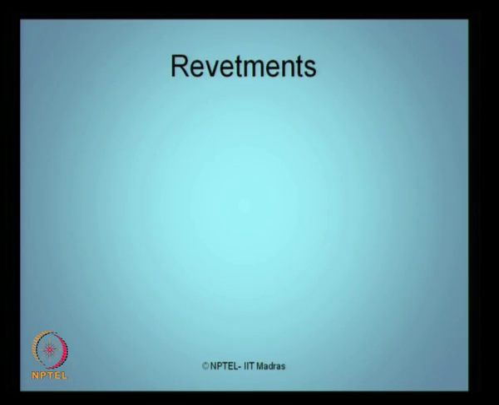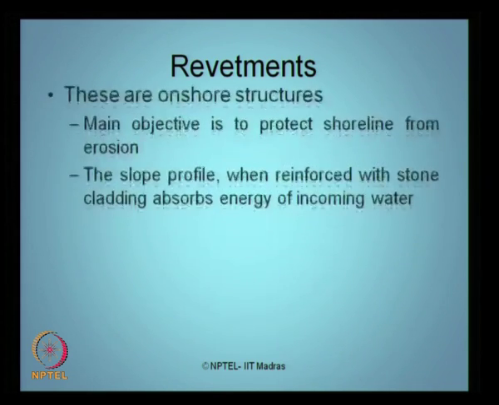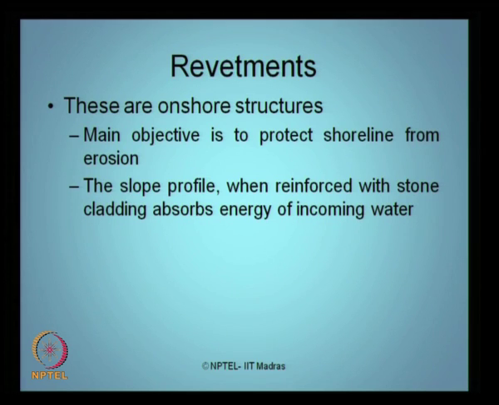The other type of coastal structure which we will discuss today is what we call revetments. Revetments are onshore structures constructed with the main objective to protect the shoreline from erosion. The slope profile, when reinforced with stone cladding, absorbs energy of the incoming water.